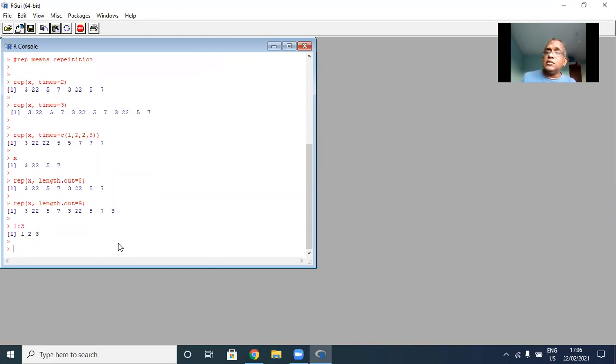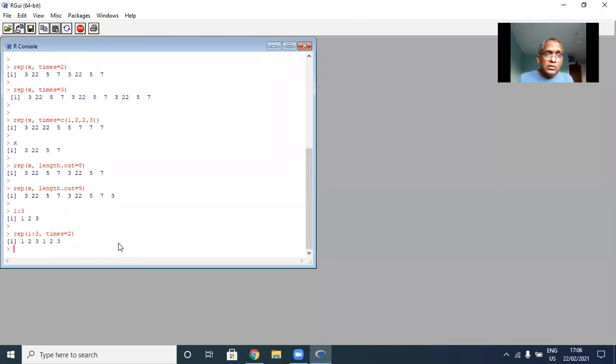Now, if you type this, you get a vector containing the elements 1, 2, and 3. Now, if you say rep of this times 2, you will get this. It's not saved.